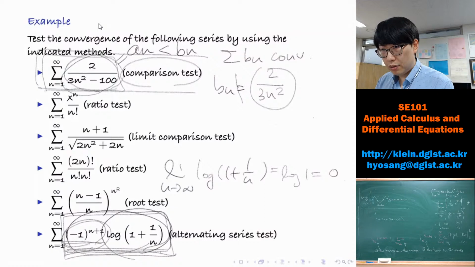So what kind of Bn can you use in this situation?